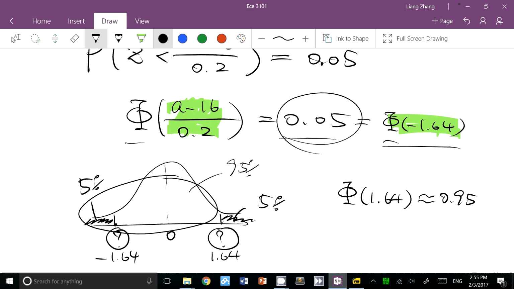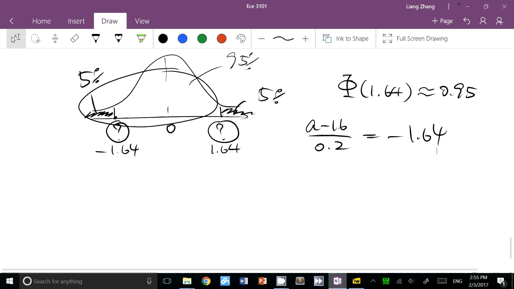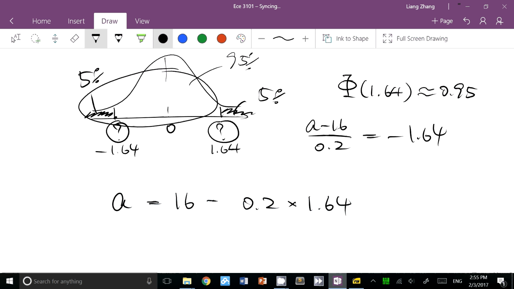So we just have to take the argument equal to negative 1.64. And continuing the discussion, a equals 16 minus 0.2 times 1.64, or 16 minus 0.328, equal to 15.672.